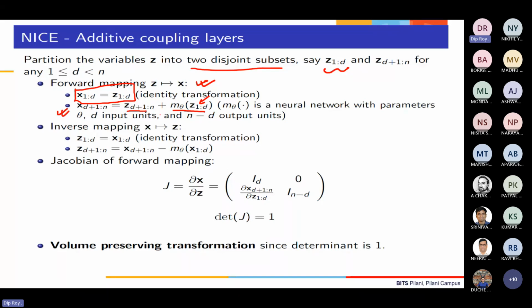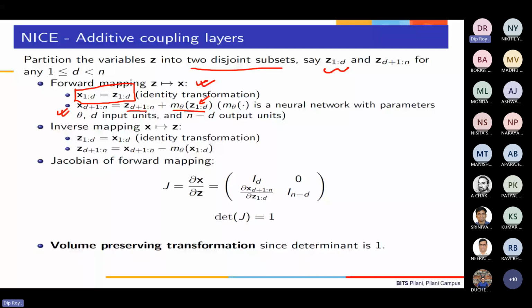So what have we done? The key thing to note is that I have taken my z's and divided them into two parts. They do not necessarily need to be equal. For the first part, I have done identity mapping: the first d x's are all equal to z1 to d, so x1 equals z1, x2 equals z2, x3 equals z3, and so forth.